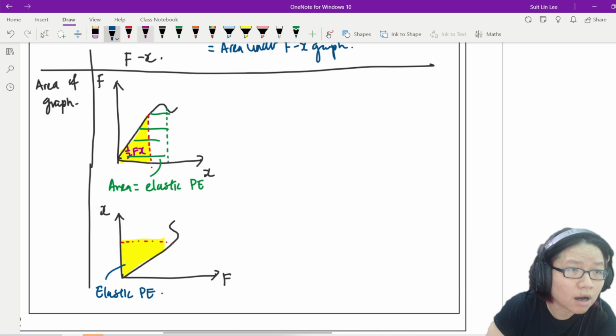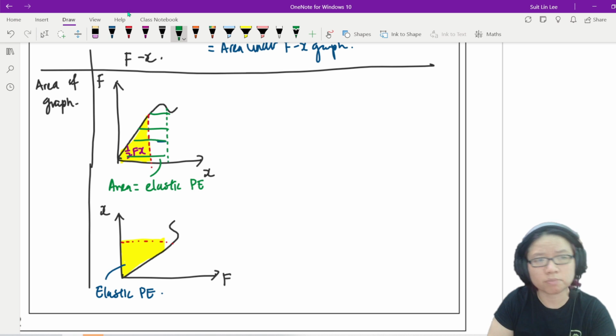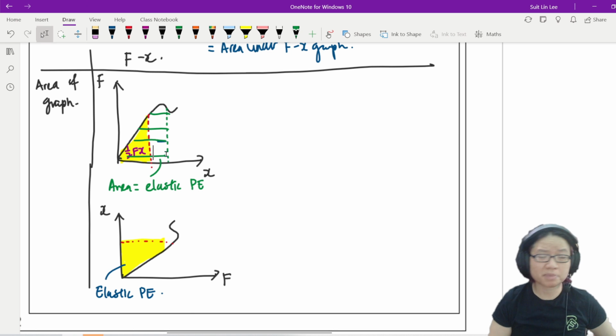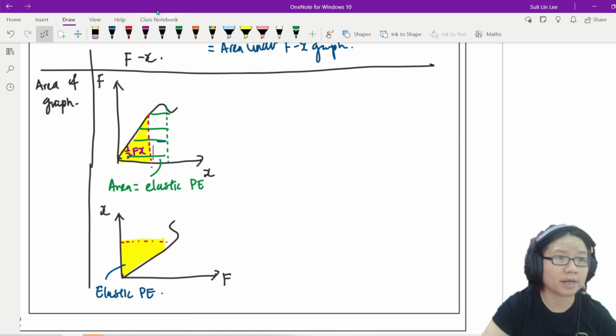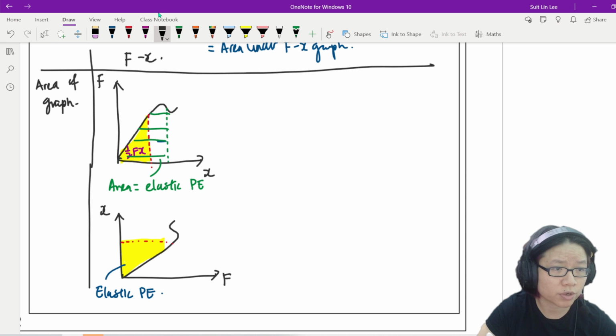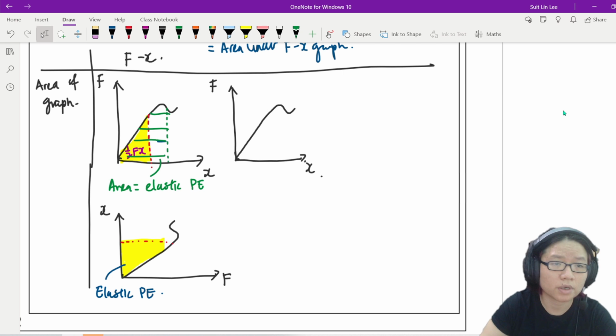Second thing, I want to mention roughly that when you look at graphs like this, a pretty important thing is to notice that sometimes there will be an arrow. What I mean by that is they will draw an arrow here to show stretching. So I'm going to replicate the graph first. Something like this.